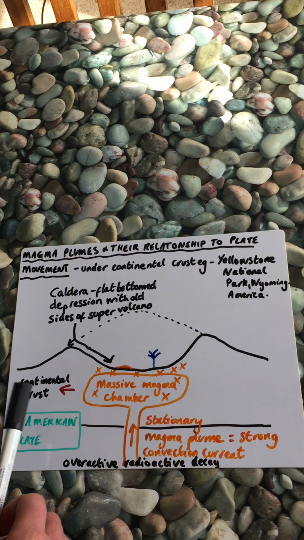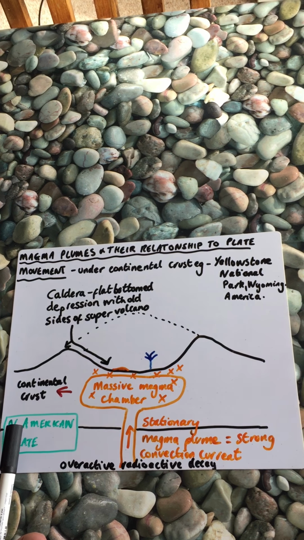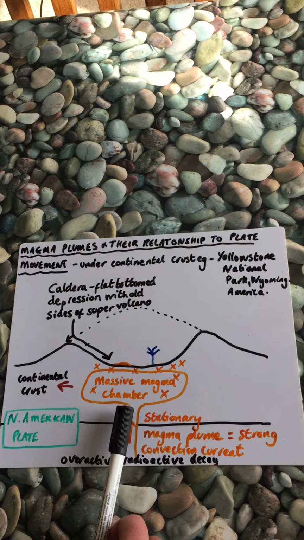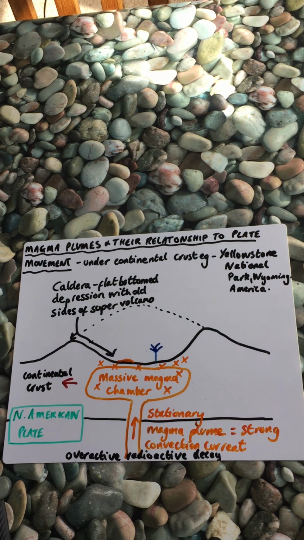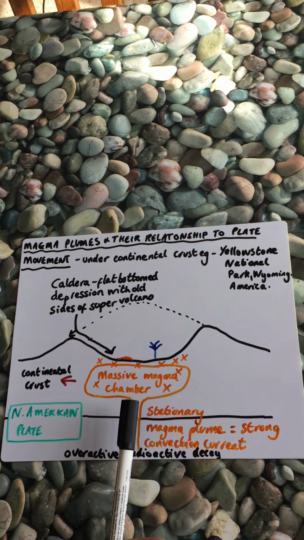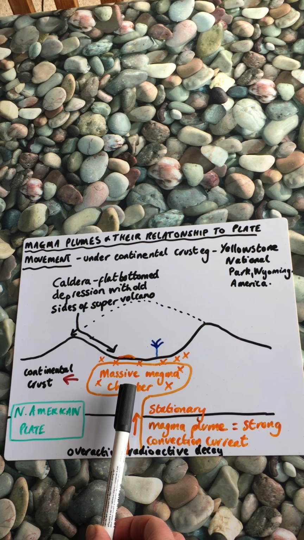Now, the continental crust, it just reacts slightly differently here. This is a thick bit of crust, remember, it's thicker than the oceanic crust. So what happens is that magma rises and basically forms a massive magma chamber within the continental crust and kind of sits there, really. Now, in the past, in the area of Yellowstone National Park, this magma chamber has grown.